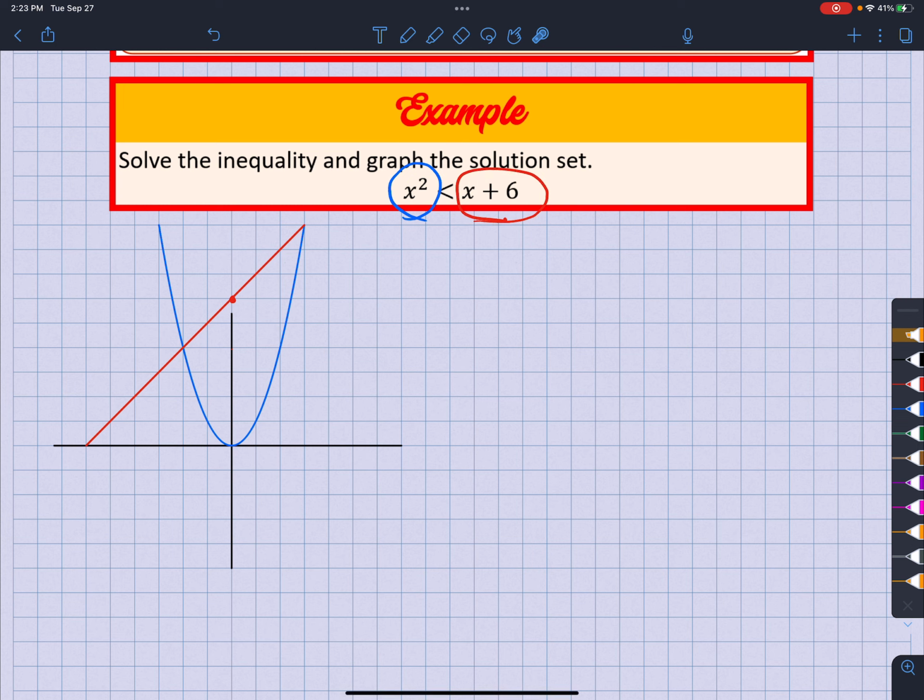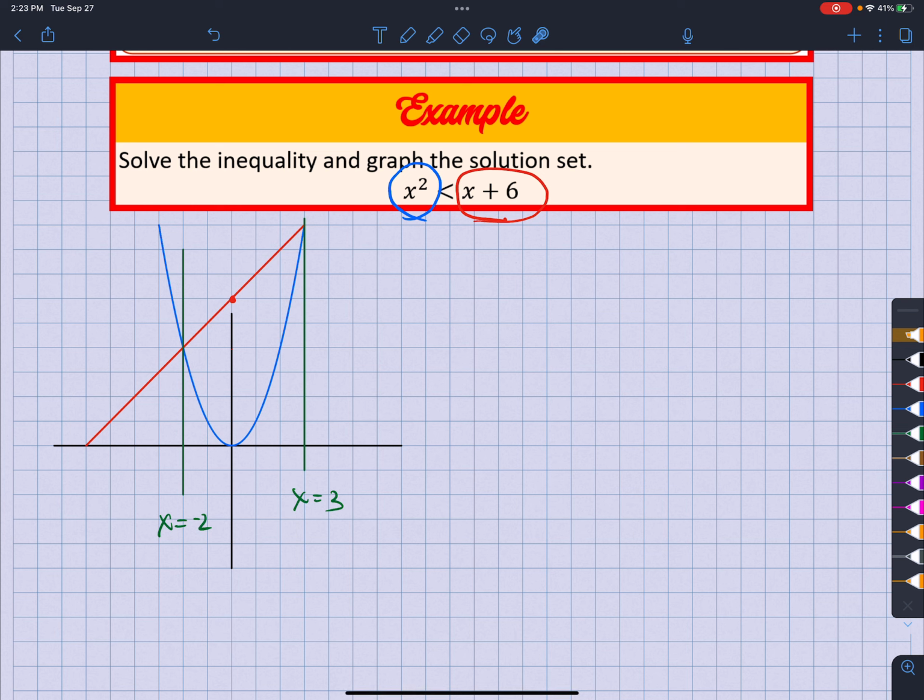That is the case right here, everything from here to here. So this is x equals -2, x equals 3. Everything from -2 to 3, the blue graph is below the red line. So that's all that is.